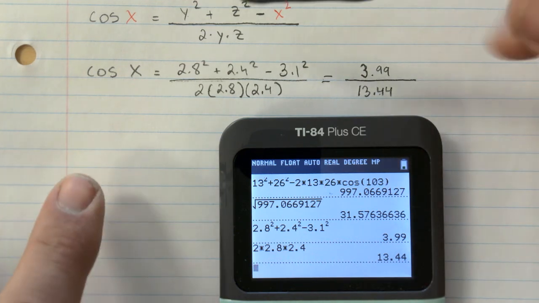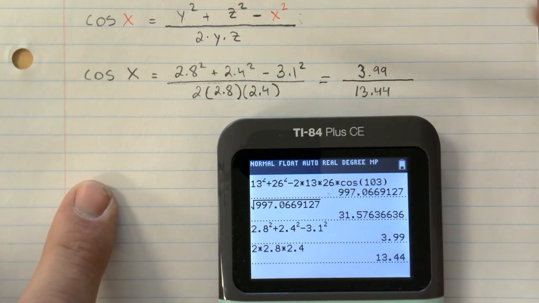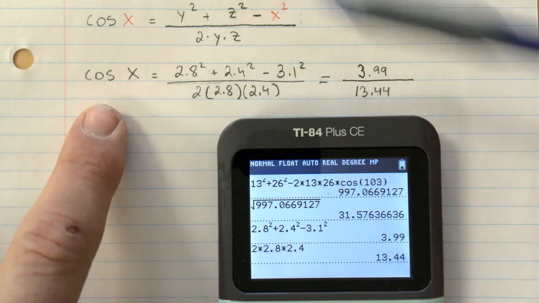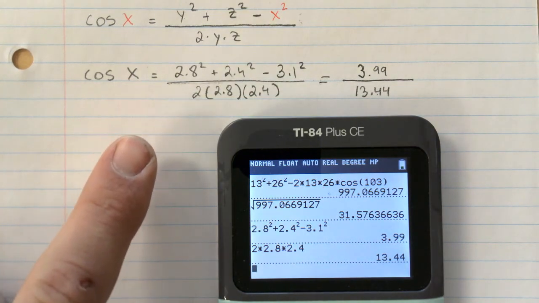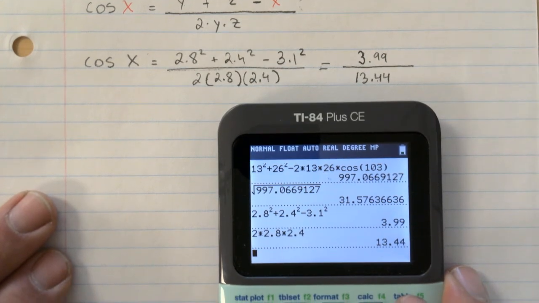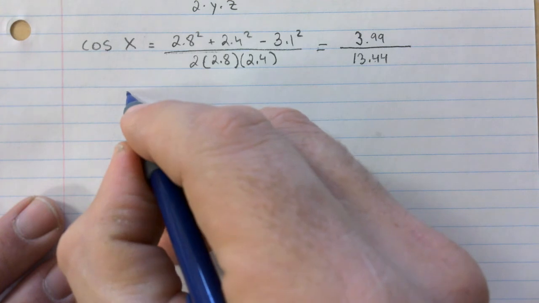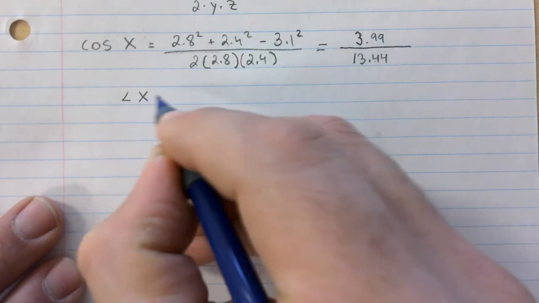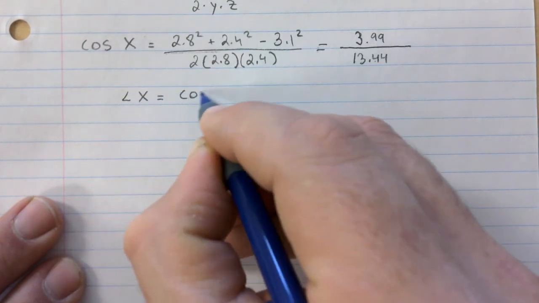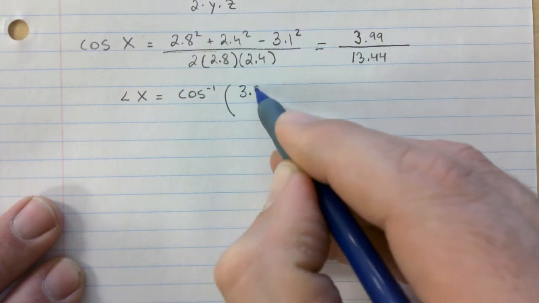So I allow you to do that, okay? In the future, you can skip the formula. You go straight to this line here that we're doing right now and just do that, okay? And then the last line here is angle X is going to be cosine inverse of that.